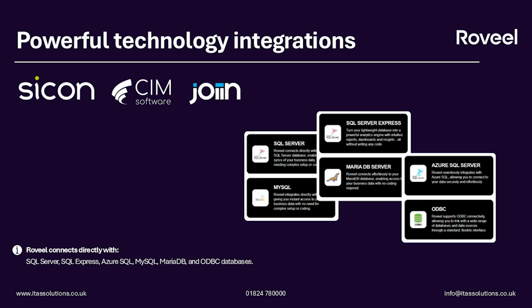So we're currently going through a process of building those modules out. Sycon Projects is live today and available, and we're working on the manufacturing, barcoding, warehousing, and construction as well.